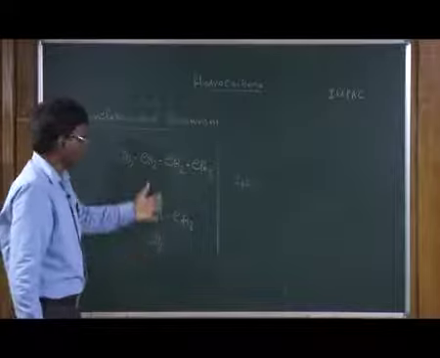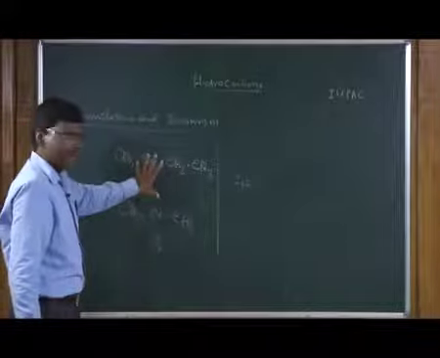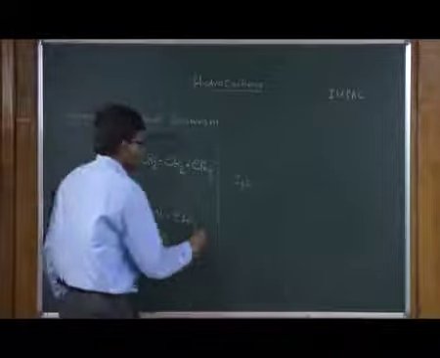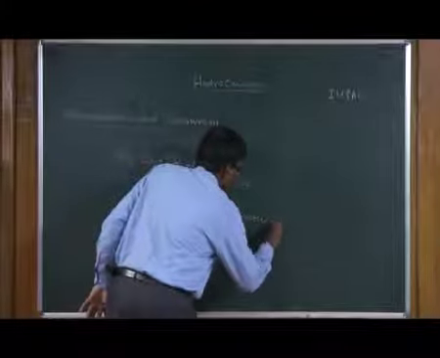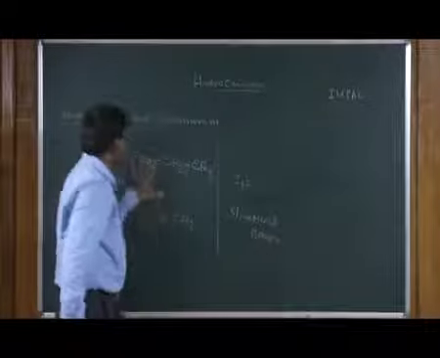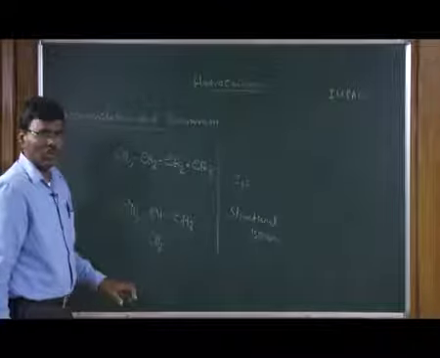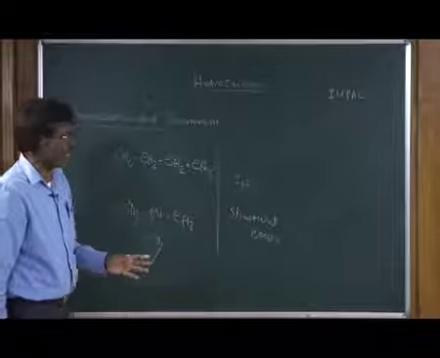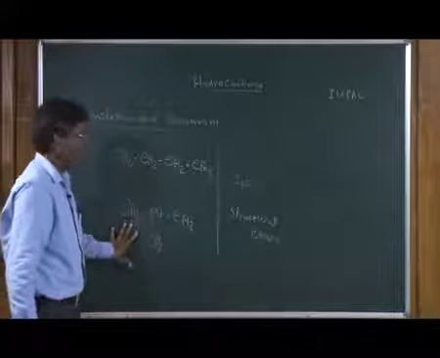The boiling points of these two compounds are different. Molecules that have the same molecular formula but different structures are called isomers, and the relationship between these two is structural isomers.